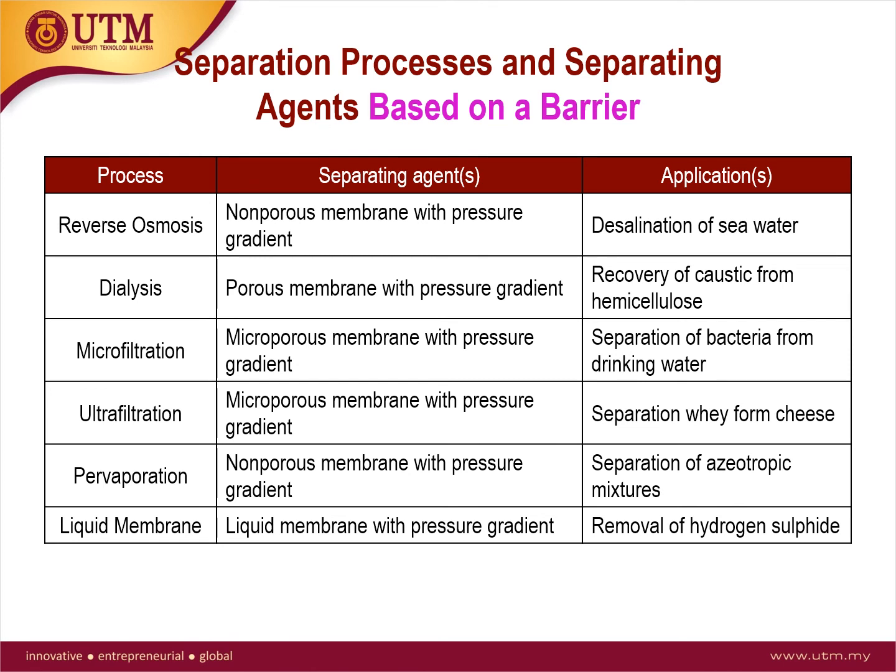Then pervaporation uses a non-porous membrane with pressure gradient, on a reverse osmosis principle, in order to separate azeotropic mixtures. And finally, liquid membrane uses a liquid membrane with pressure gradient in order to remove hydrogen sulfide from a mixture of gas.